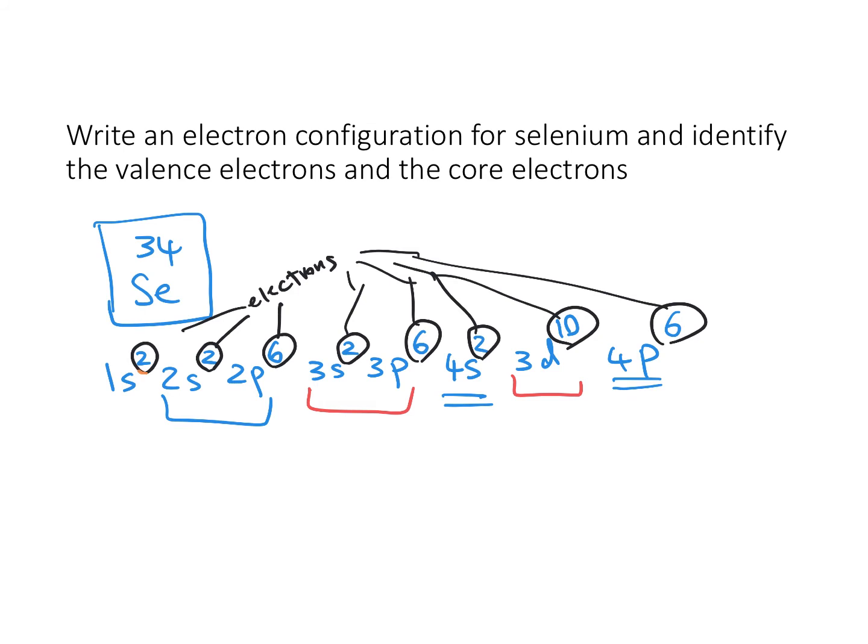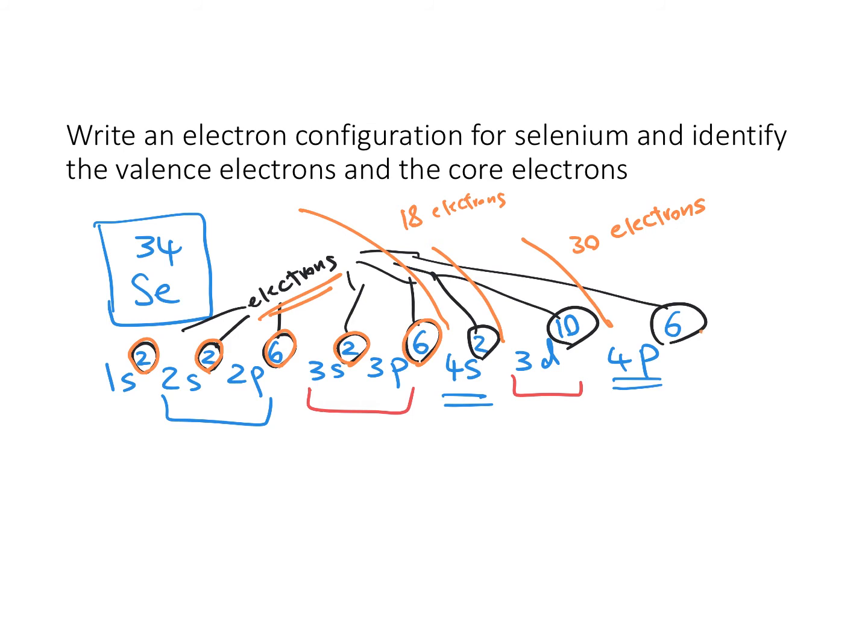So, 2, these are electrons, right? 2 plus 2 is 4. 4 plus 6 is 10. 10 plus 2, 12. Plus 6, 18. So till here, I have 18 electrons, right? And then here, I have 20. Here, I have 30, right? How many do I want to have?